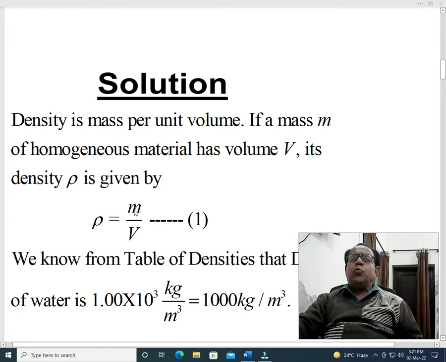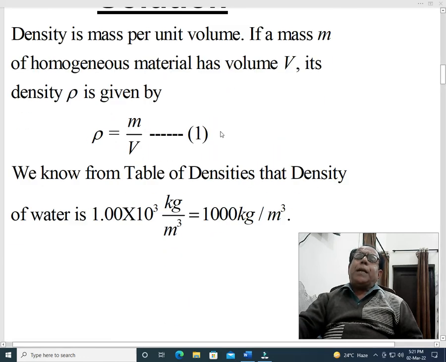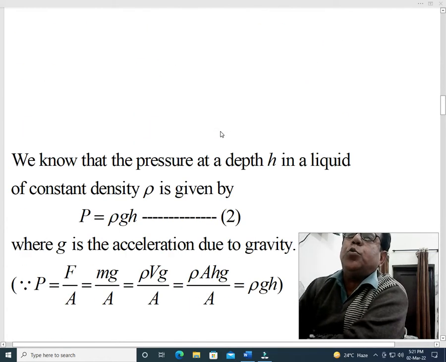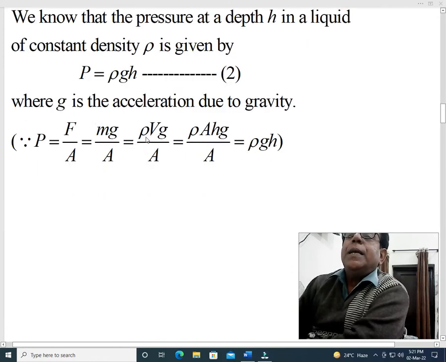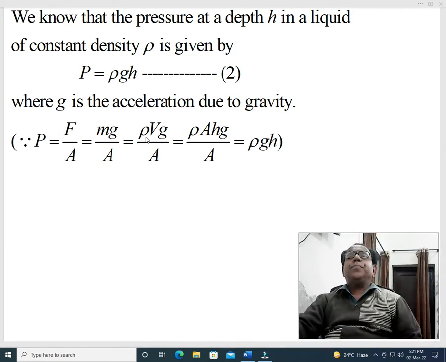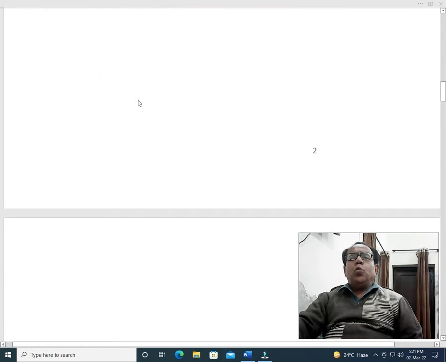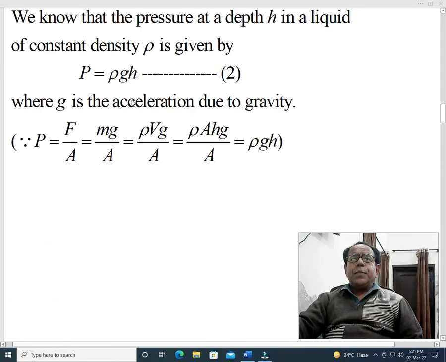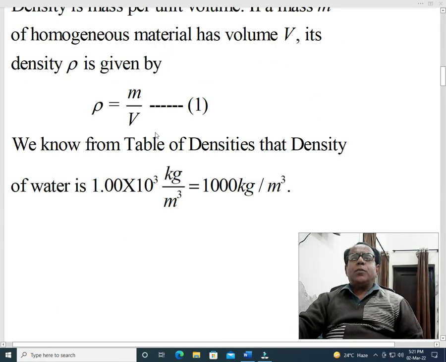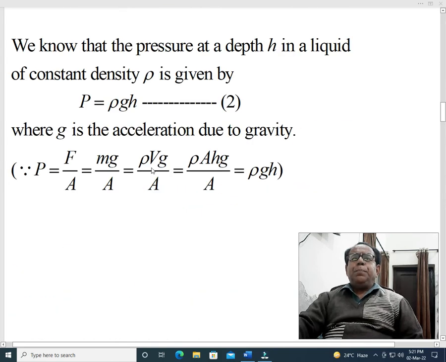When we keep m on one side, the volume will be multiplied with rho, and m will become equal to rho into V. So in place of m we have used rho into V.